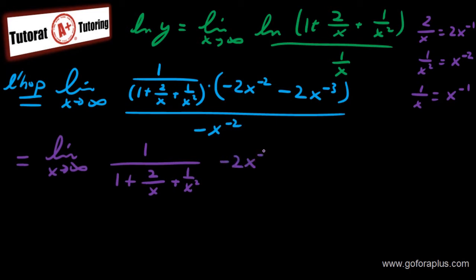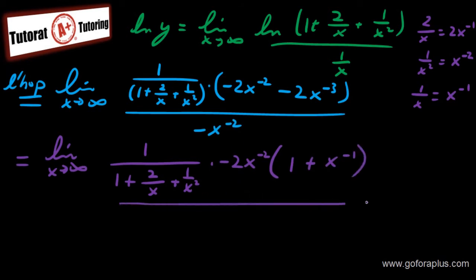Minus 2x to the minus 2 factorized out, and this is multiplied here, it becomes 1 plus x to the minus 1. Okay, this is what I factorize. And at the bottom, I have minus x to the minus 2. So I can simplify this minus and this x to the minus 2 here.